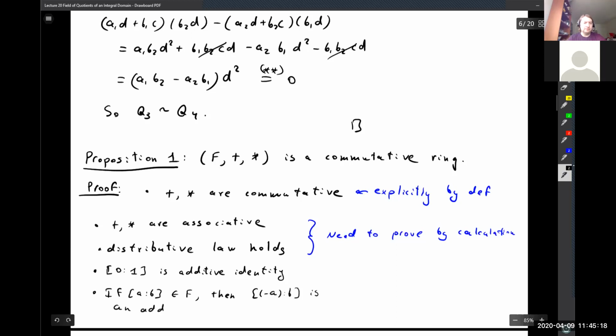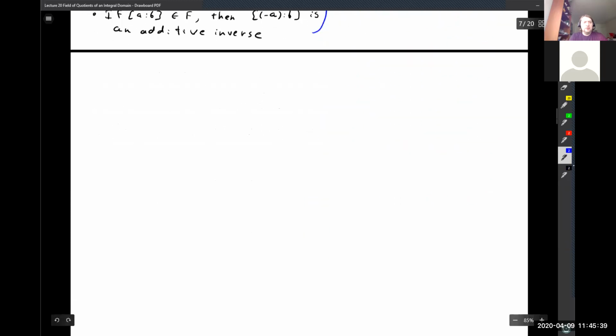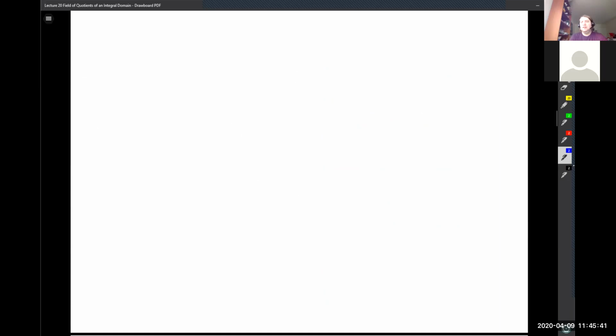And all this, of course, is just more or less straightforward calculation, similarly to what we did before. I'm not going to write this down explicitly.